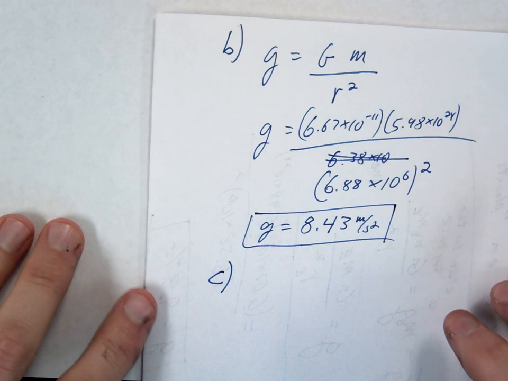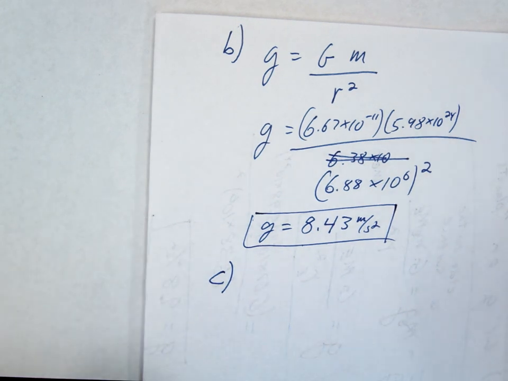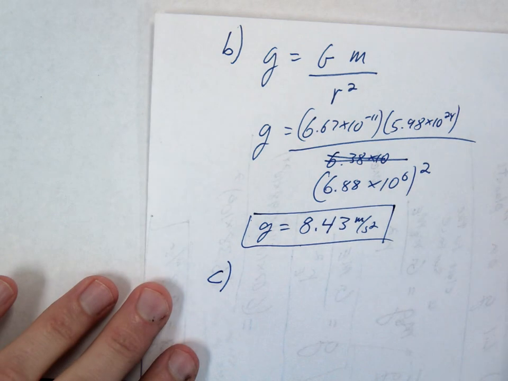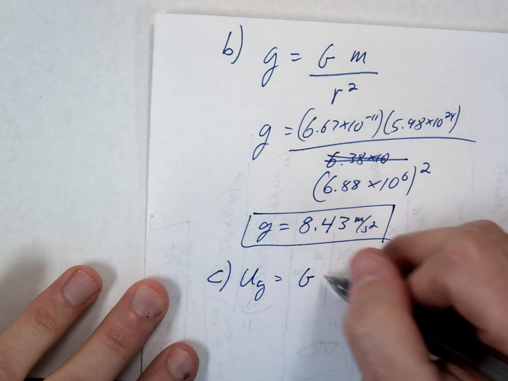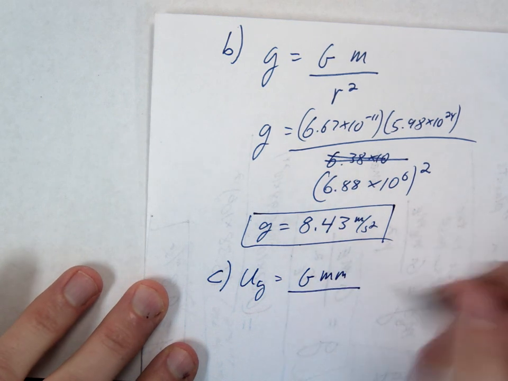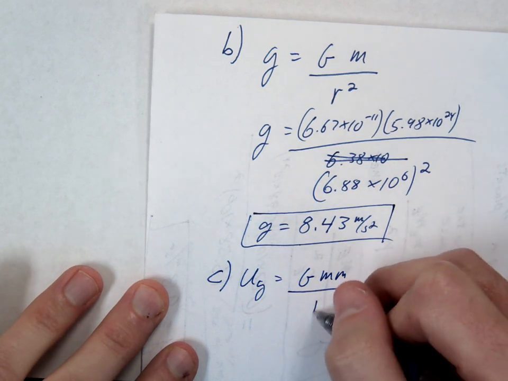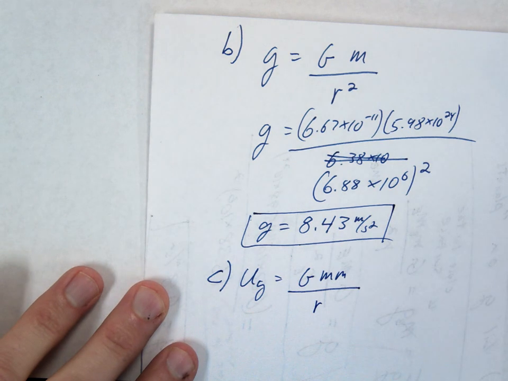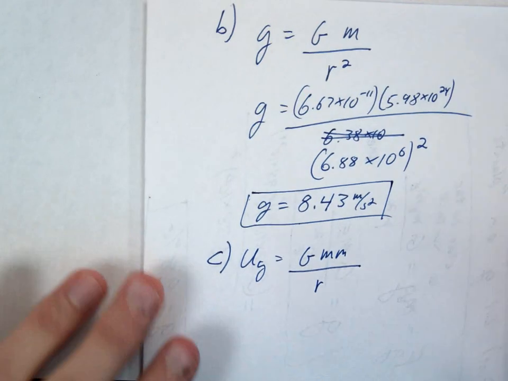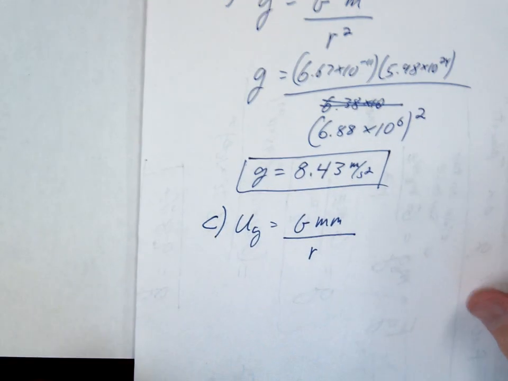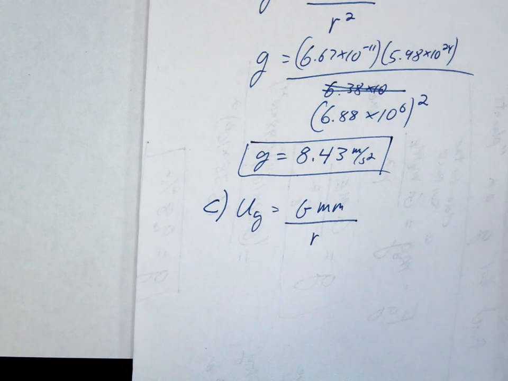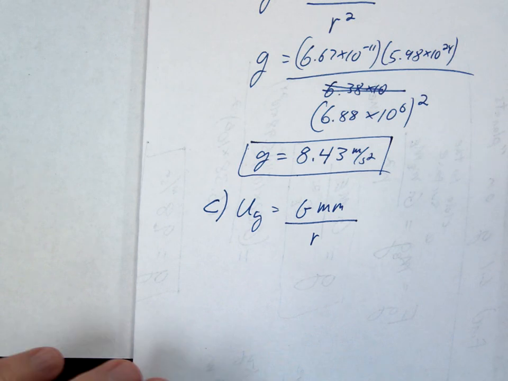Okay. How do we find letter C? Yeah, we'll just use UG. So we're just going to go big G, M over R. So it's almost the same, right? Except there's the R squared versus the R, the slight difference. That's because, remember, we multiply by h, which is the height above the center of the Earth.